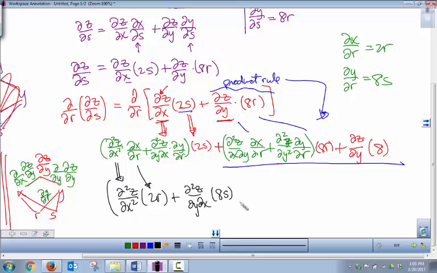So this is in parentheses times 2r, so we need to multiply that out, plus d squared z dx dy, and then x with respect to r, plus d squared z dy squared, derivative of y with respect to r.